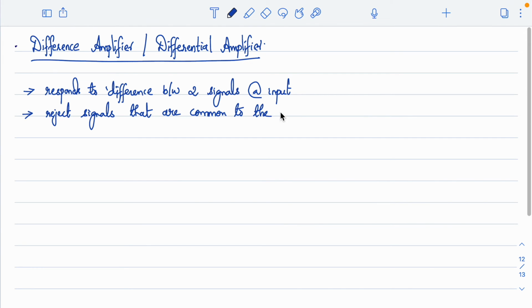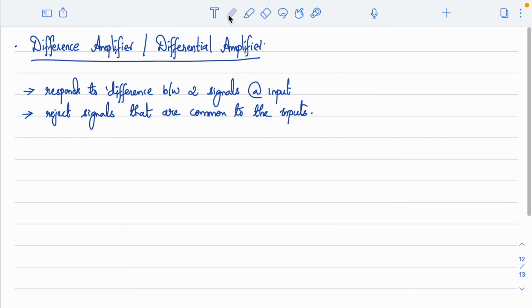These two features are very important for a differential amplifier. The amplifier should respond to the difference between two signals, and at the same time reject the inputs which are common. So if there is a difference, it should amplify, and whatever is coming in common, the amplifier should reject.